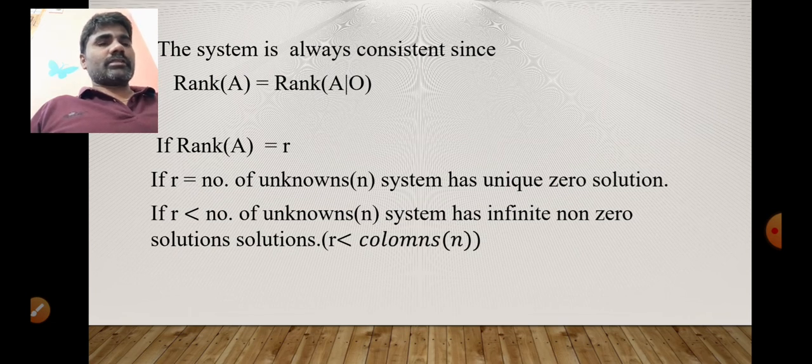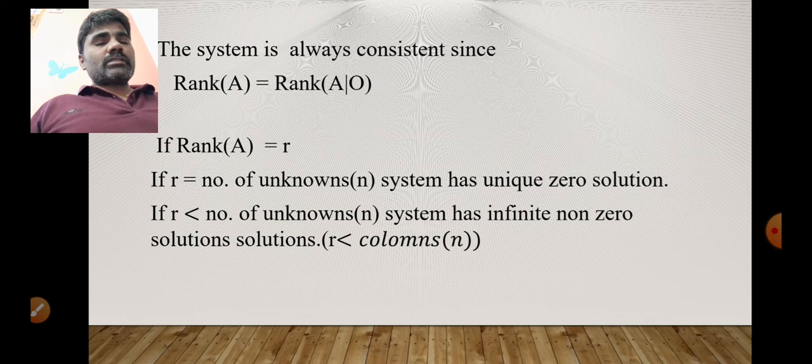Earlier it was a unique solution; here it is the unique zero solution. If the rank is less than the number of unknowns, then the system possesses non-zero solutions. This is the popular condition. How many non-zero solutions? It is not unique; there are infinitely many non-zero solutions. This you should remember.